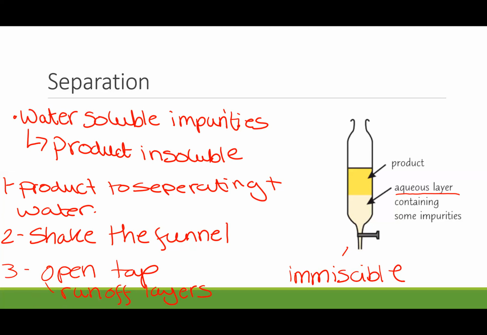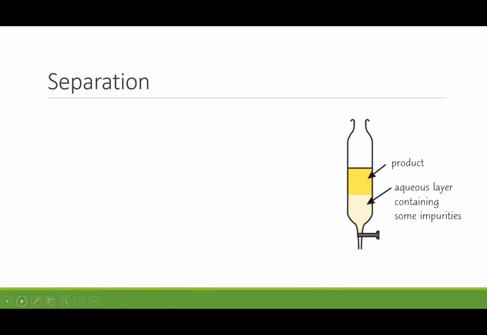This process I've just shown you only works, I'm going to reiterate that, if your impurities are soluble and your product is insoluble. If our product and impurities are both soluble in water, there's a different separation method we can use. So we wouldn't use this one.